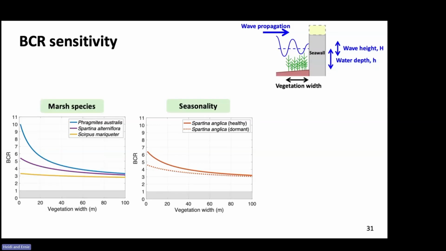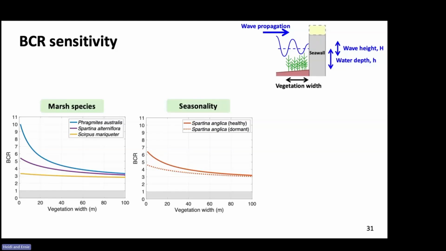Seasonality also plays a role because the flexibility depends on whether it's in its healthy state or dormant state. And this is also reflected with a 50% difference. So we show that the benefit cost ratio is also temporally sensitive to the seasonality.